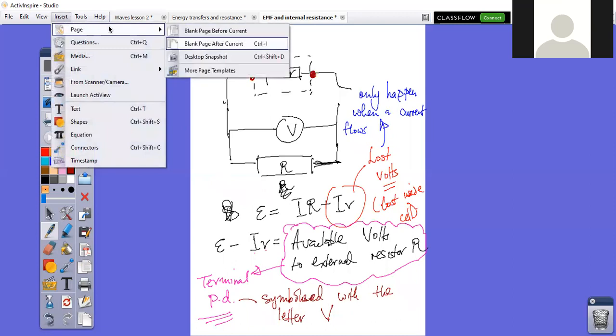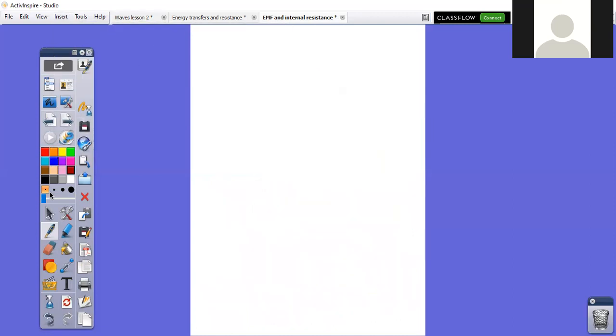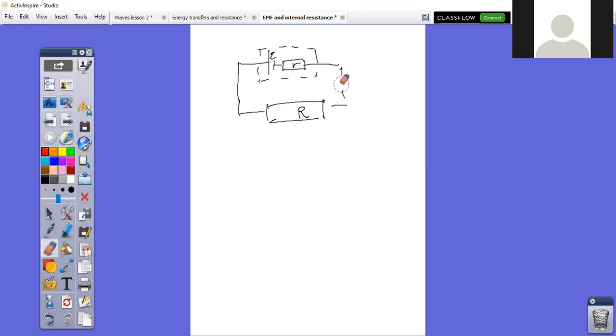Blank page after current. So I redraw my circuit again very quickly. And I have again my external resistor R, my small resistor r, that's E, and there we go. And let's just assume, I drew it too quick, I will put a switch in there as well.